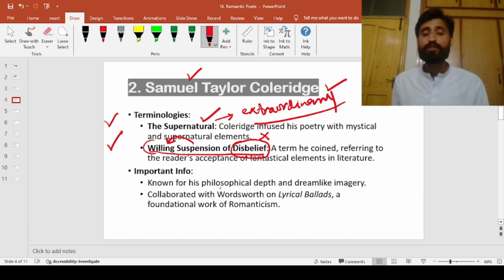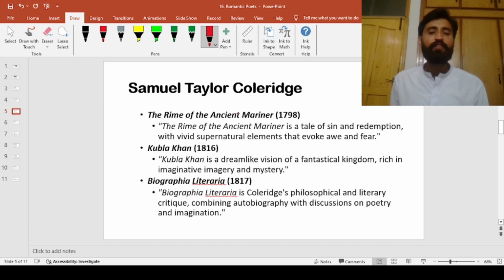Now, he is known for philosophical depth and dreamlike imagery, collaborated with Wordsworth on Lyrical Ballads and a foundation work of romanticism, right? Now, the Rime of the Ancient Mariner, written in 1798, a tale of sin and redemption with vivid supernatural elements that evoke awe and fear. Kubla Khan, dreamlike vision of a fantastical kingdom, rich imaginative imagery and mystery.